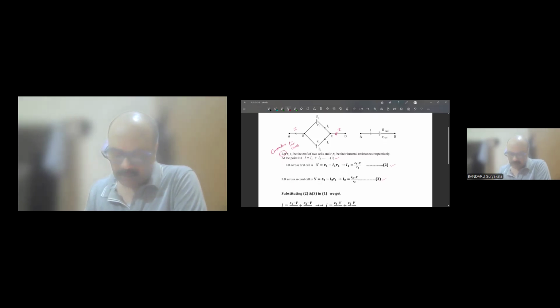Now, equation 2 and equation 3, if we take, along with the diagram, these three equations. Later, we can write I equals E1 minus V by R1 plus E2 minus V by R2.